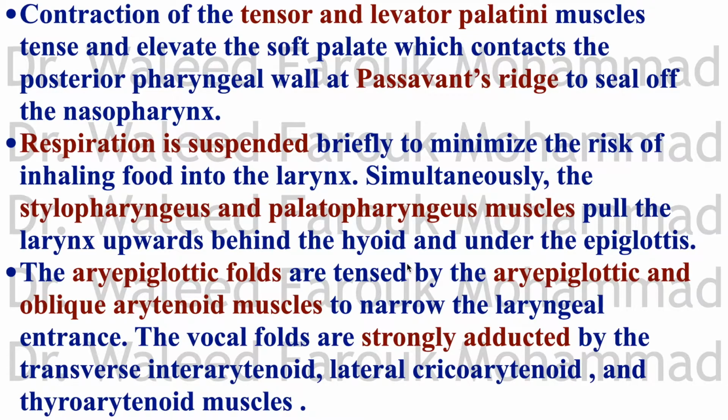Now, the aryepiglottic folds are tensed by the aryepiglotticus and the oblique arytenoid muscles to narrow the laryngeal isthmus, or the laryngeal entrance. The vocal folds are also strongly adducted to seal the larynx and trachea, and they are adducted by the action of the transverse interarytenoid, the lateral cricoarytenoid muscles, and the thyroarytenoid muscles.